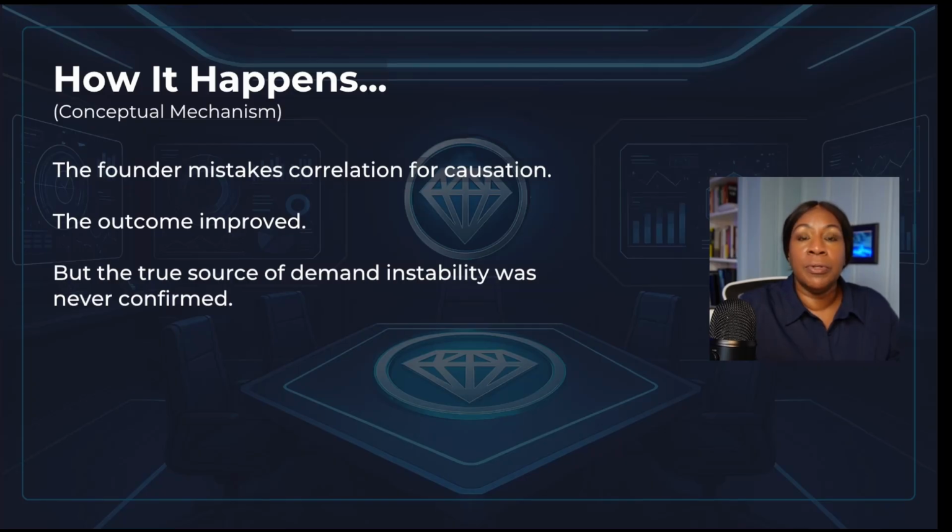And when we don't understand what caused a change in the business, then we cannot guarantee repeatability. We want to identify what caused it because we want to understand where we can invest or reinforce our decisions with resources, okay?